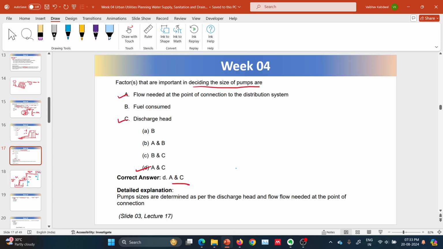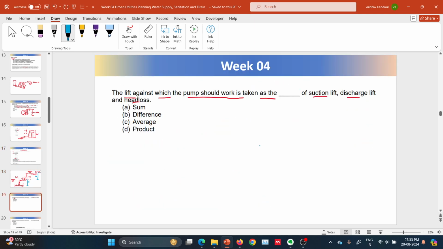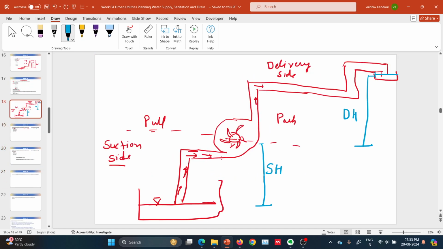So in the previous question, this is called suction lift, discharge lift, and there are bends here you can see, and there is friction. The water is flowing in the pipe, so there is pipe friction, entry loss, exit loss.